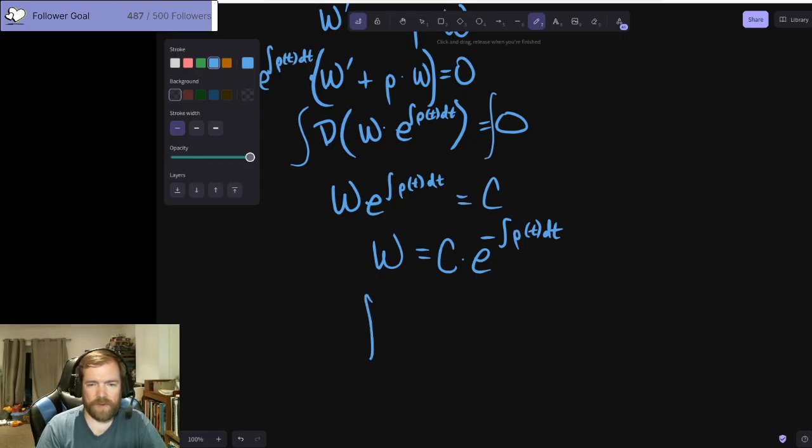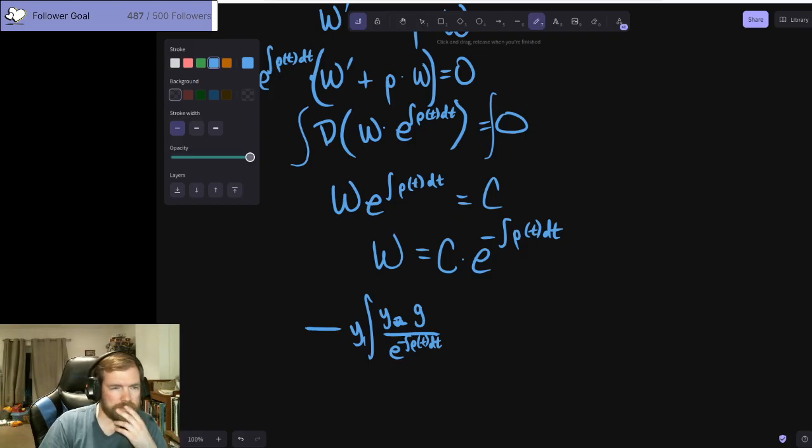It's the integral of negative y2 times g, all over e to the negative integral of p of t dt, instead of worrying about what the Wronskian is. We already know what it is.